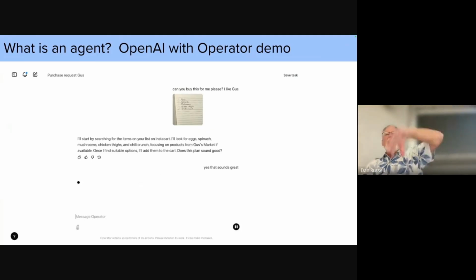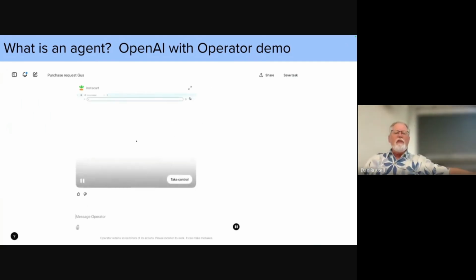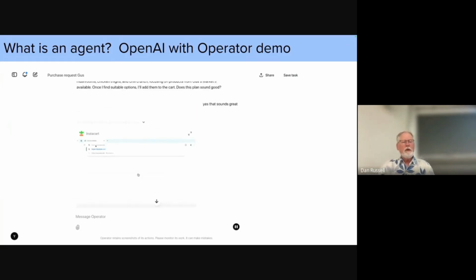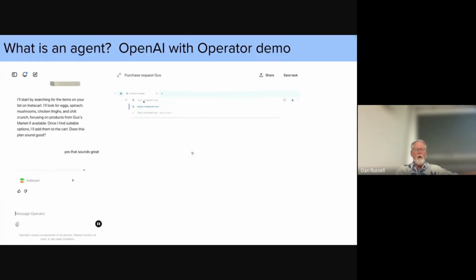So it created a plan, and it's getting authorization to run the plan. The plan means we are buying... So open Instacart, open a browser, go into Instacart.